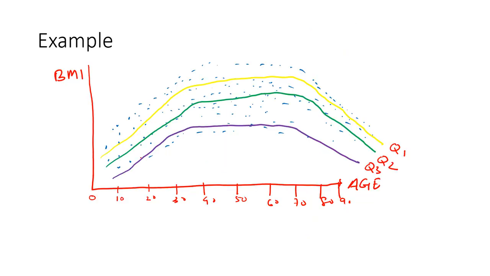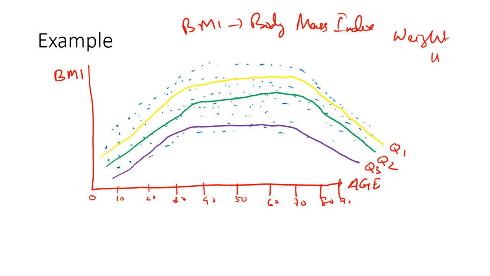So we're plotting the body mass index, BMI. That's nothing but, I guess, the weight by height, something like that. I'm not sure, but it's something to do with the weight and the height of the infant, or of a person.